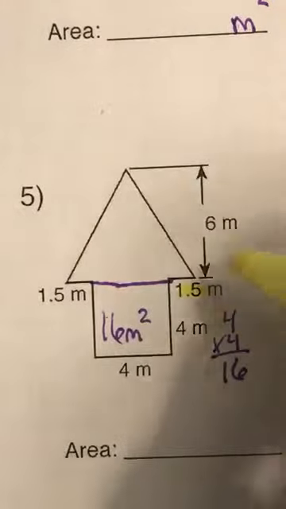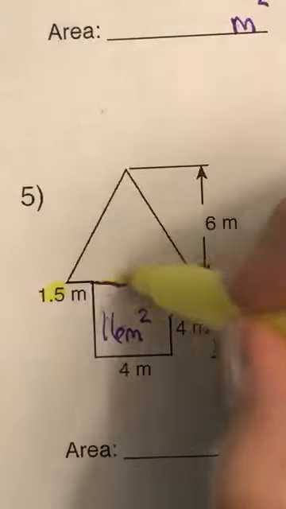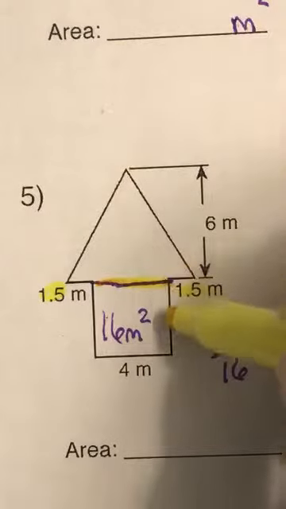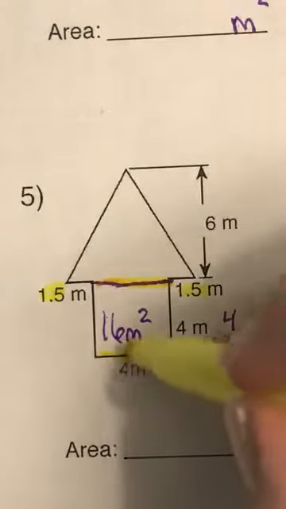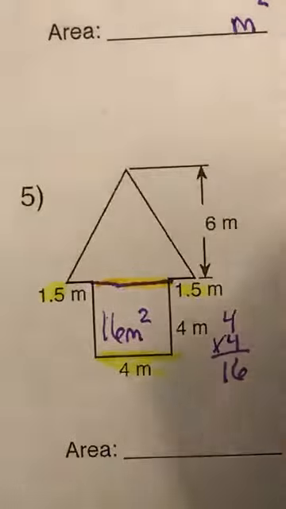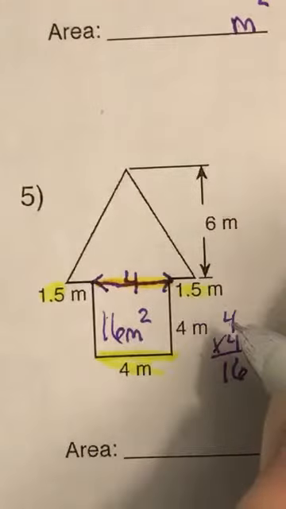We have 1.5 here, 1.5 here, but we need to know what's right in here. So to get the measure of this part of the triangle, you look at the opposite side of this square. If this measurement is 4, then this measurement right here, from here to here, is 4.